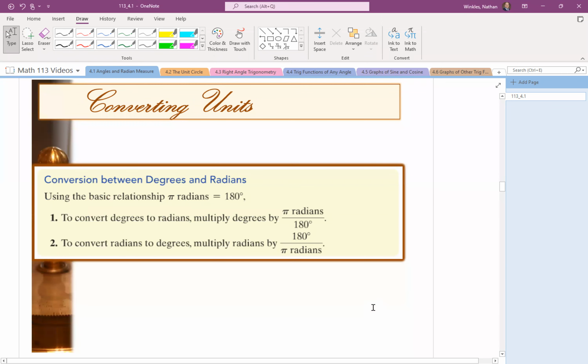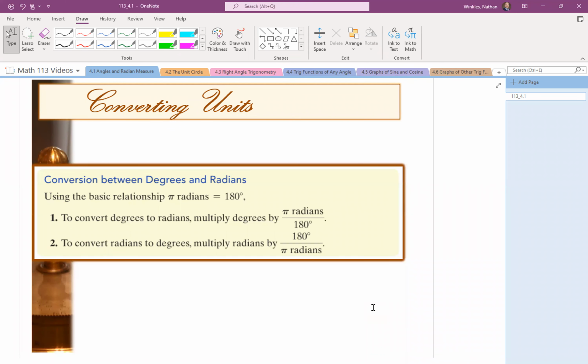We can always convert from degrees to radians or radians to degrees, given these two simple formulas. Depending on which way we're going will depend on which formula we use, and that in turn will give us our process. To convert degrees to radians, we multiply our degrees by pi radians divided by 180, and we simplify this into a fraction.